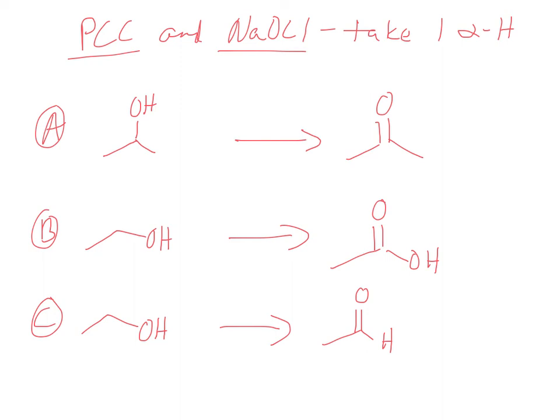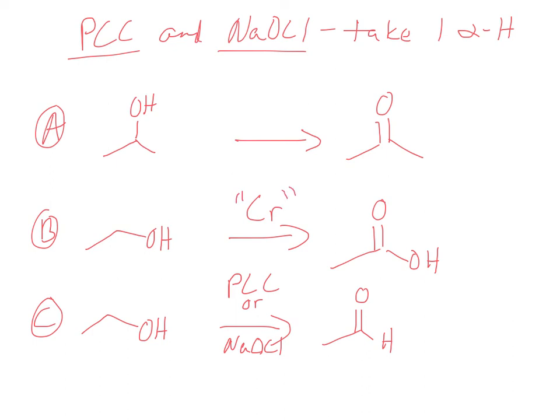For C, what reagents can I use to go from alcohol to aldehyde? PCC or the NaOCl, that would work. For B, what reagent do I need to go from a primary alcohol to carboxylic acid? Chromium.